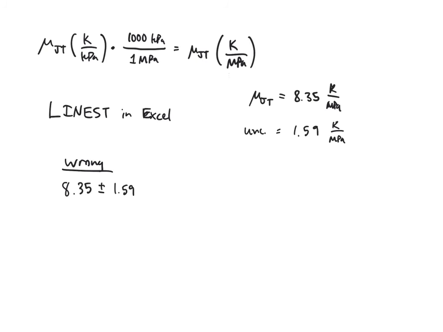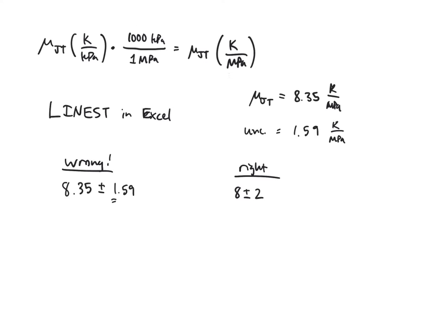Unfortunately, that is wrong. And the reason why it's wrong is because uncertainties have only one significant figure. So the right way to express this value would be 8 plus or minus 2, because we round this to one significant figure.